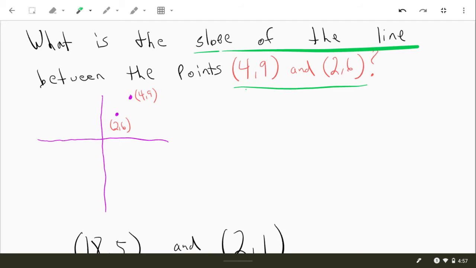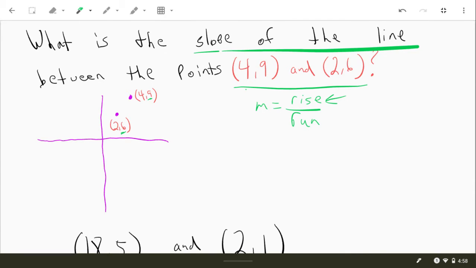So let's say you imagined in your brain the 2 points plotted there. Remember that the slope is always rise over run. The rise is the up and down distance between the 2 points, and that has to do with the y values. Here, this one's 9 high and this one's 6 high, so to get from the first one to the 4, 9, you have to go up 3.